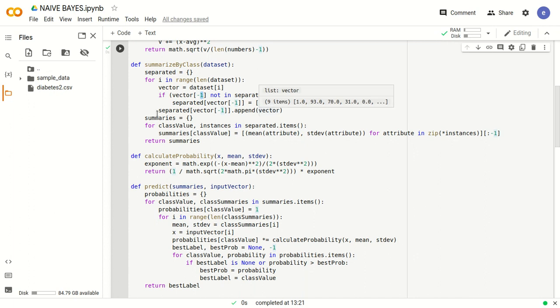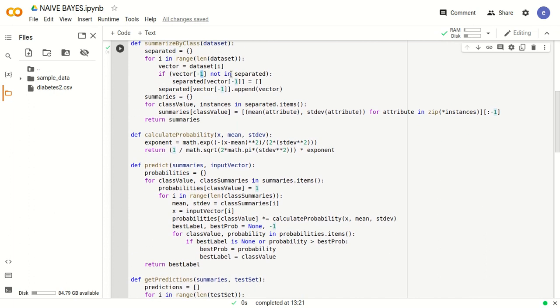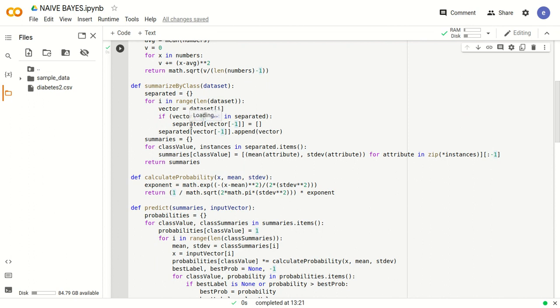By doing this, we have got all the data instances for which the class value is 0, and all the data instances for which the class value is 1. That is what this separated dictionary holds.